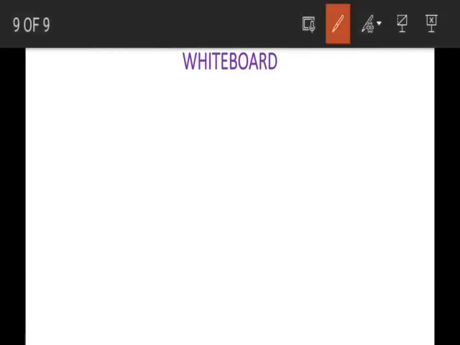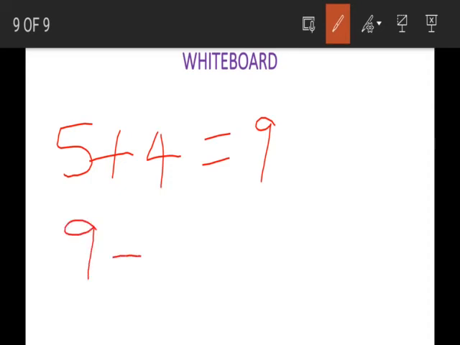You simply add the 2 numbers on the left hand side together, which is 5 plus 4, which gives us 9. Then 9 minus the middle number, that is the number inside the rectangle, which is 4. 9 minus 4 gives us 5.